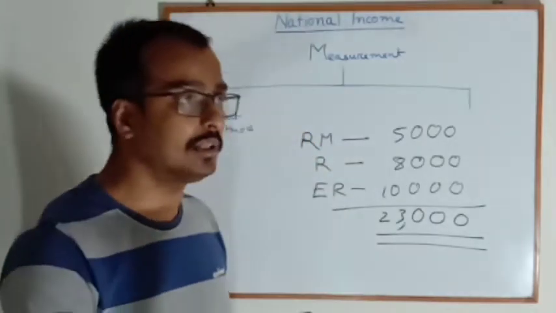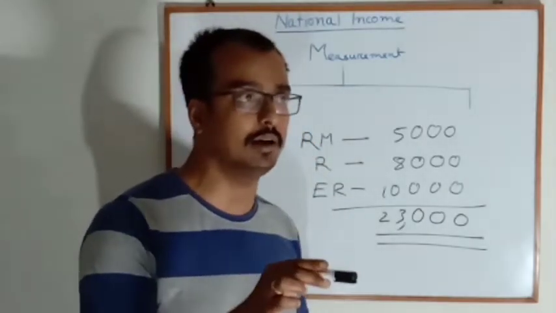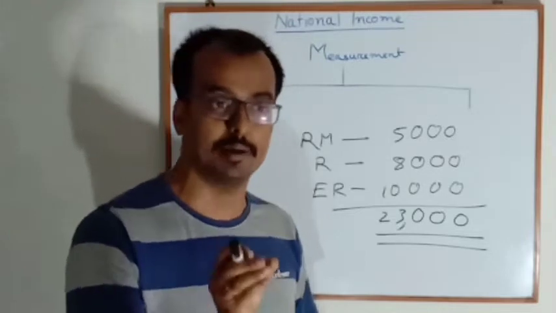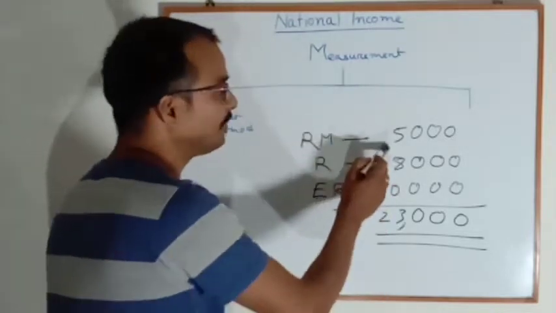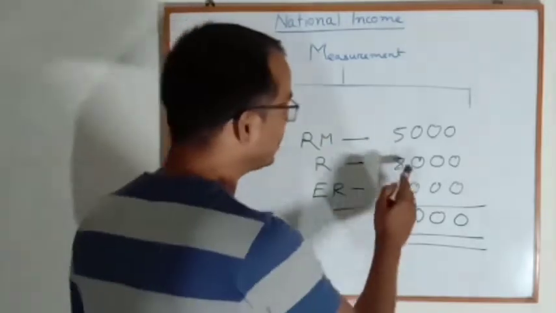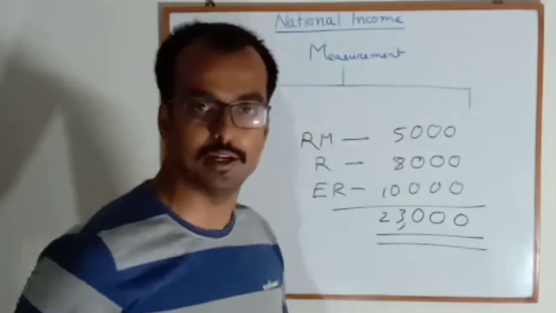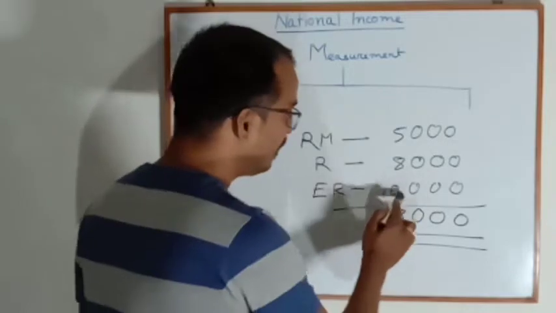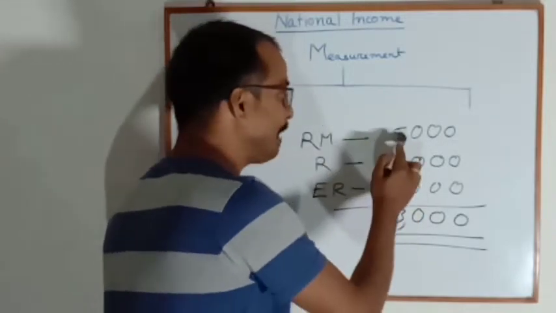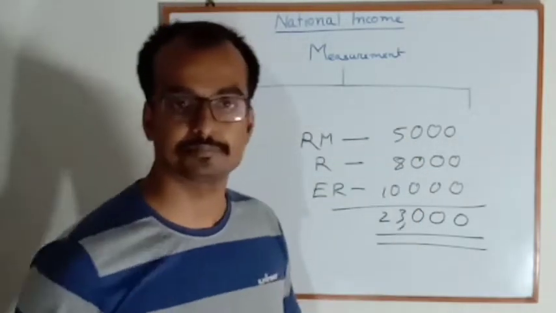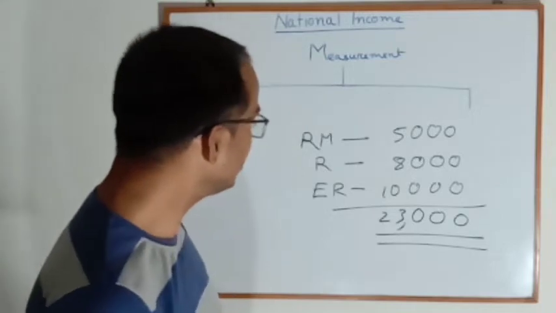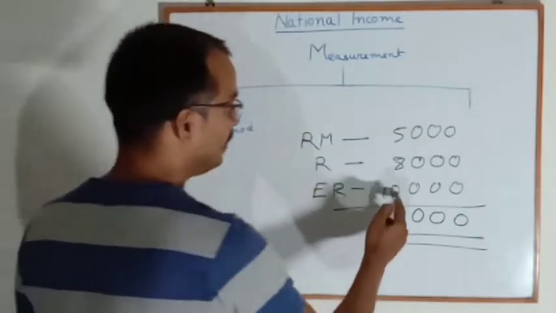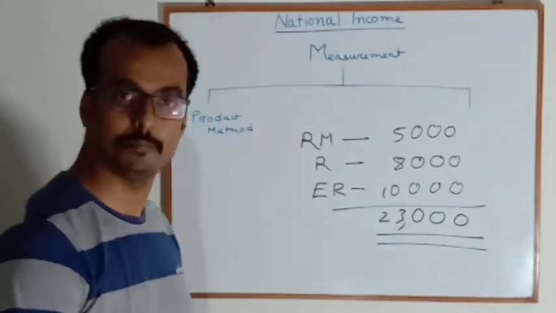Now that person who is selling rubber at 8,000, that rubber is made out of this rubber milk. So in his price, this 5,000 is included. So you are counting it double. Here in 10,000, this 5,000 and this 8,000 is there. What does it mean? It means you are counting it here also.